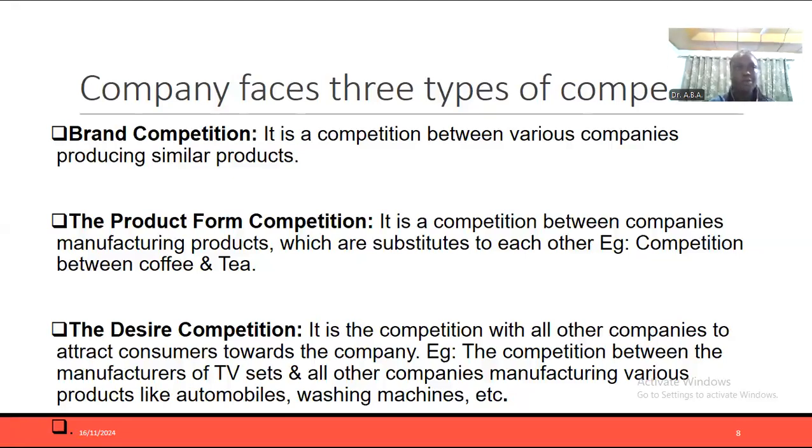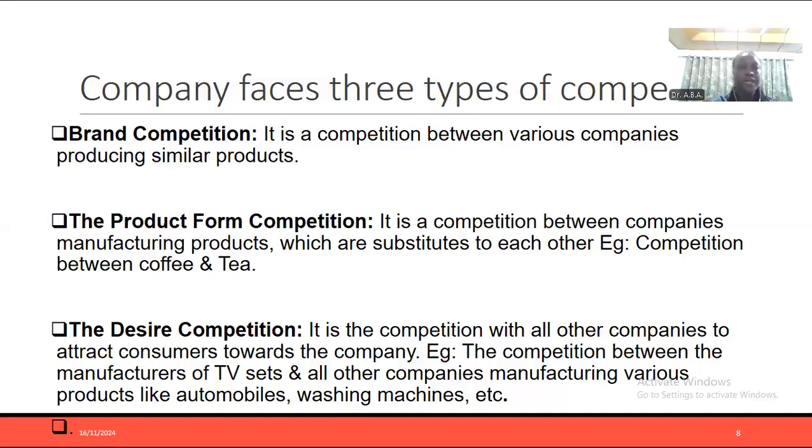Okay, so that is where the brand competition comes in. Of course, if we pick beverage, then you want to consider, am I buying from company A or from company B, because they are all offering the same or similar product. So that's where you have the brand competition.